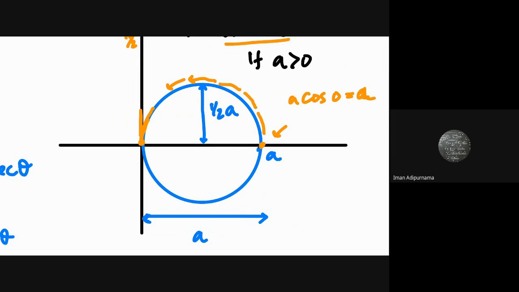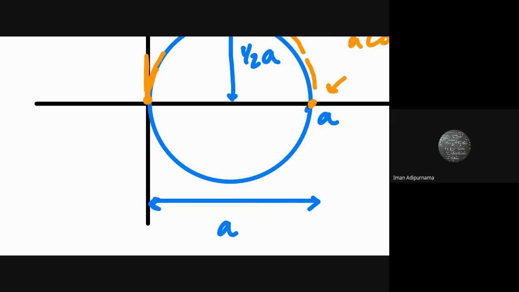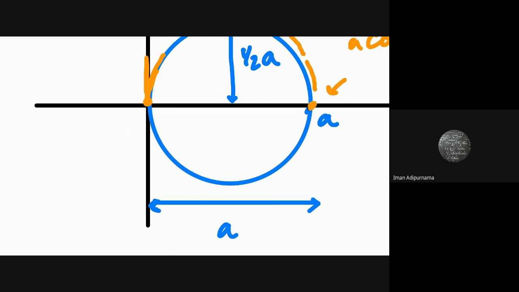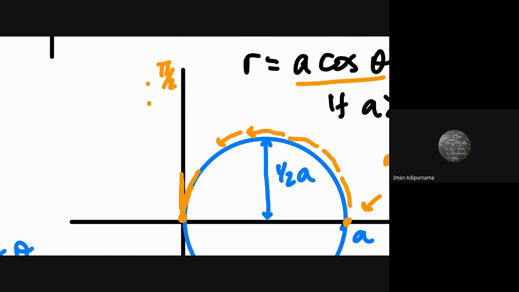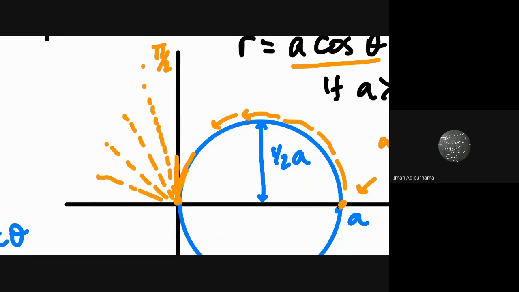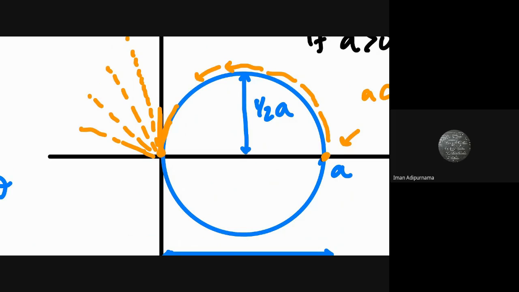Again, this is not the x and y axis. So when you read this, it's not the point here. It's different. How do we read this polar is, when we have this, this is pi over 2. So we still have increasing here, increasing here, increasing here, increasing here, and that is our point.